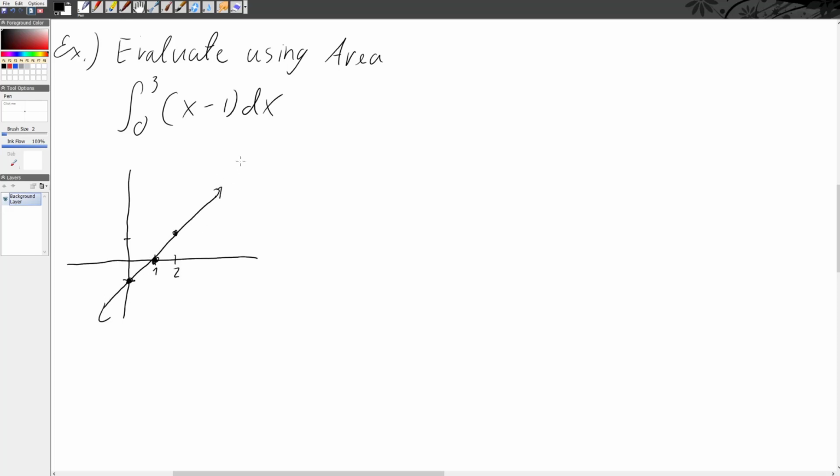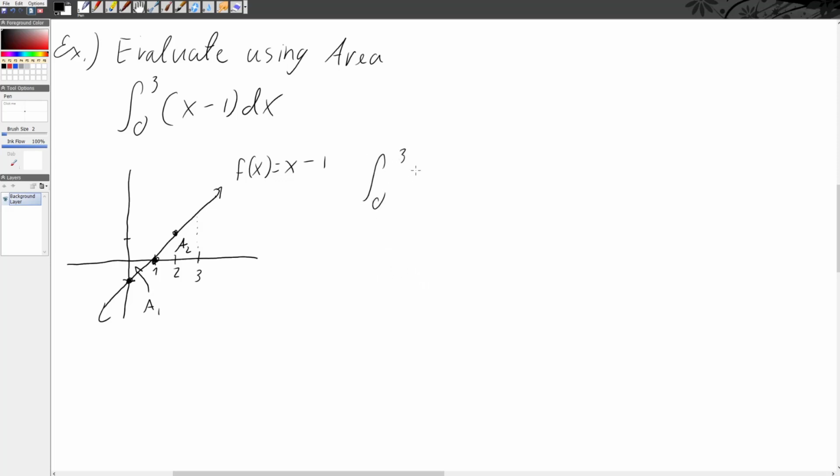So this is the function f of x equal to x minus 1. Now, they are asking us for the area from 0 to 3. So we have A1 and A2 just as before.